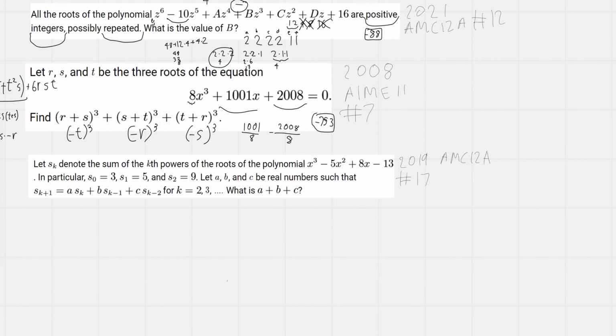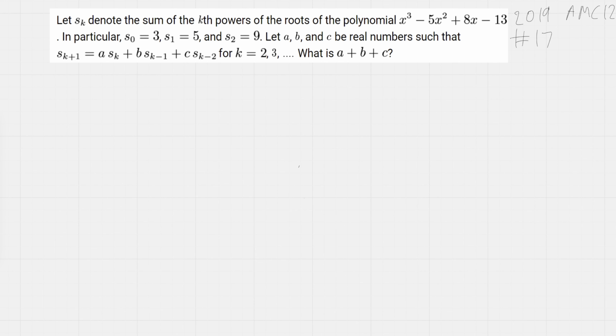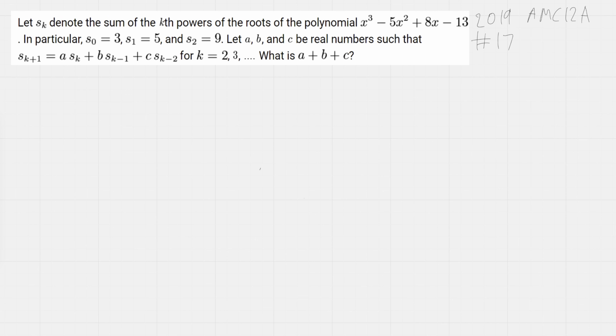Alright. And now for our last question. Let Sk denote the sum of the kth powers of the roots of the polynomial x cubed minus 5x squared plus 8x minus 13. In particular, S0 equals 3, S1 equals 5, and S2 equals 9.